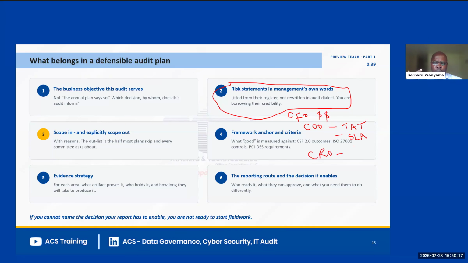So we've got to put ourselves in the shoes of management, look at what really drives them in their different areas of the business, and be able to then bring out risk in a way that will open their eyes and make them pay attention. Otherwise, it will just be yet another report that has to be handled somehow.